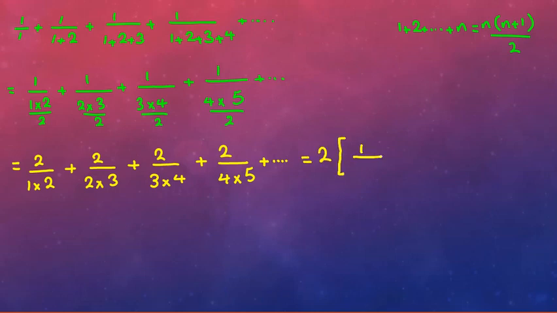And it will be what? 2 times the sum of 1 over 1 times 2 plus 1 over 2 times 3 plus 1 over 3 times 4 plus 1 over 4 times 5 and so on.